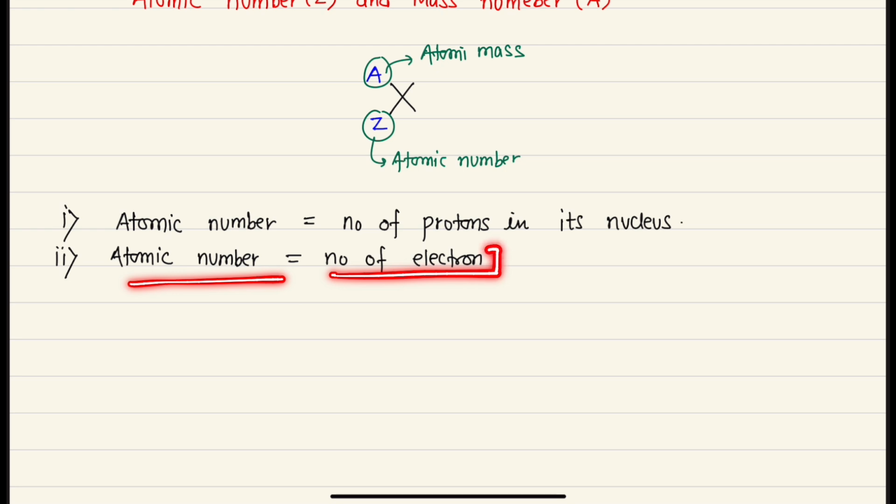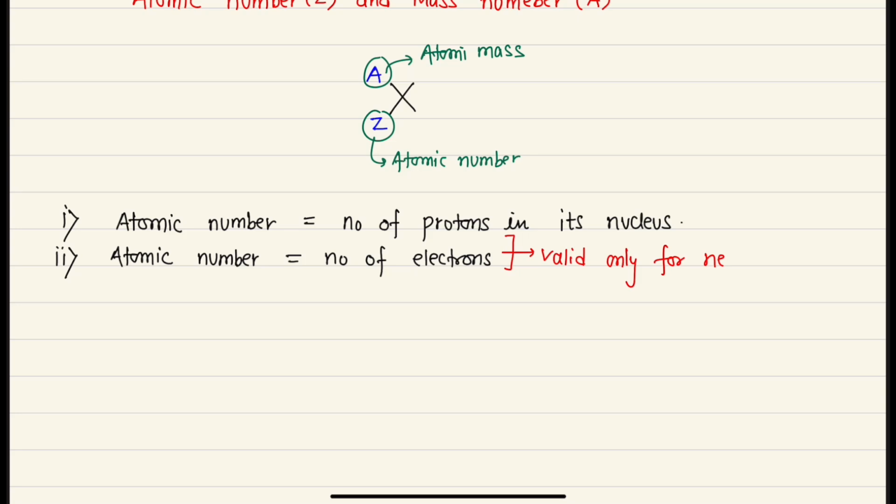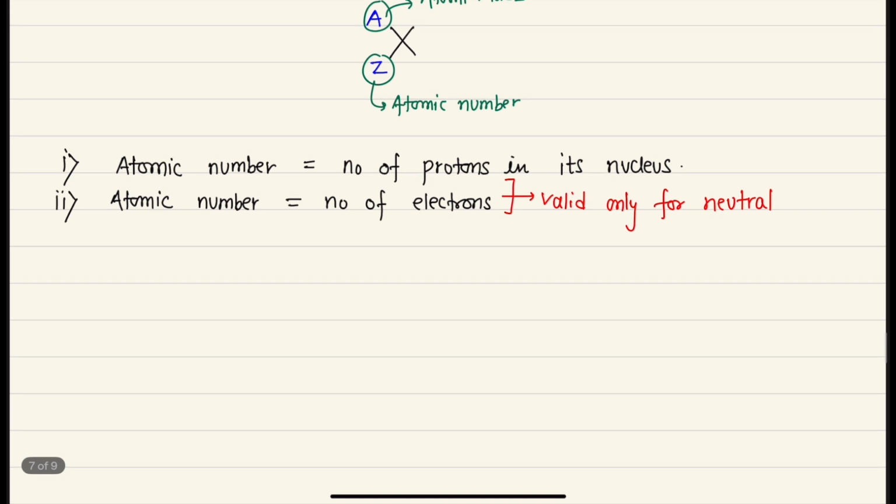But this is valid only for a neutral atom. In the case of a neutral atom only, we can say atomic number is equal to the number of electrons.